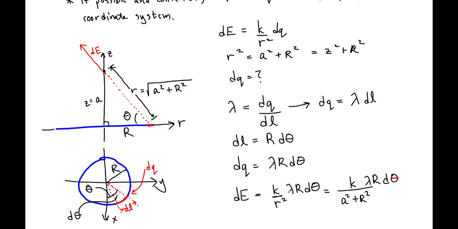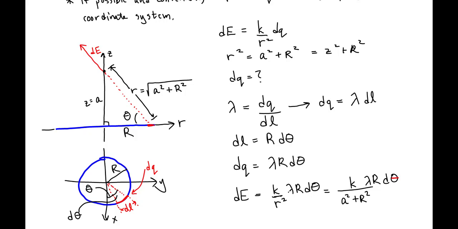We have a ring of charge. So we're going to have to sum all the way around the ring. And electric field is a vector, so we have other components to deal with. In this picture, we have an R component and a Z component to our vector.